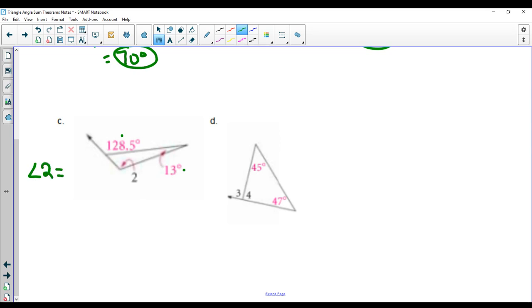So I'm going to say angle 2 should be 128.5 subtract 13. If I do that subtraction, I get 115.5 degrees. That easy. All right.